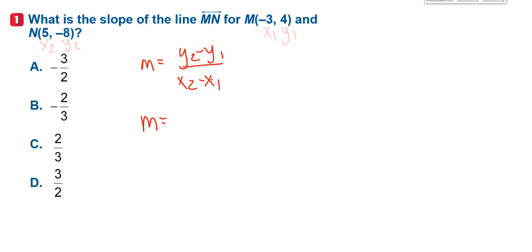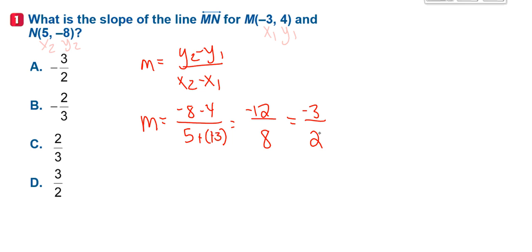So it's negative 8 minus 4 over 5 minus negative 3. Negative 8 minus 4 is negative 12. This is plus a positive, 5 plus 3 is 8. We can leave it in improper fraction, but we want to reduce it. What goes into both 12 and 8? Well, 4 does. 4 goes into negative 12 negative 3 times, and 4 goes into 8 2 times. And there's our answer, negative 3 halves.